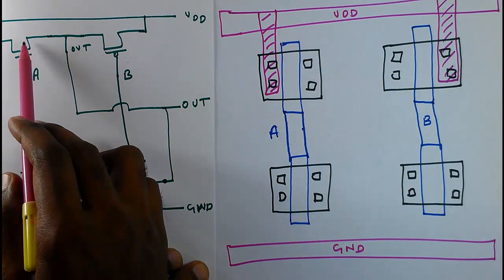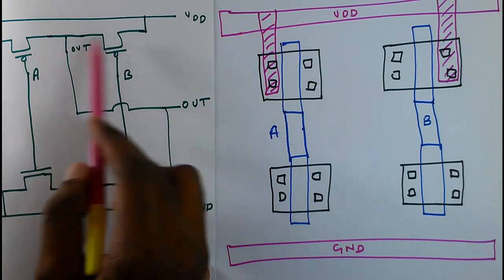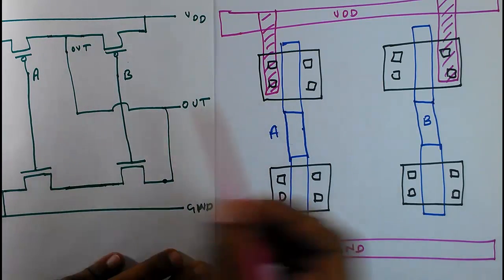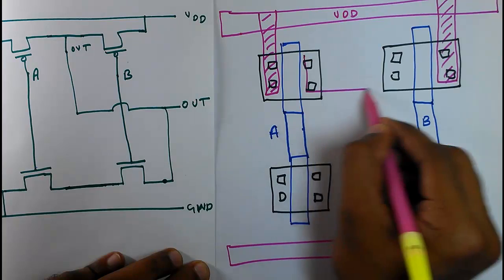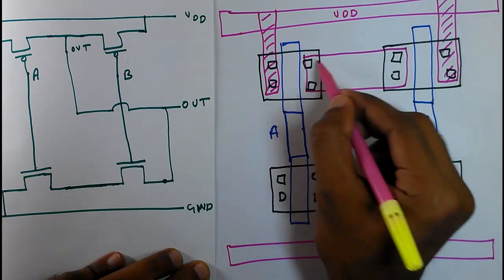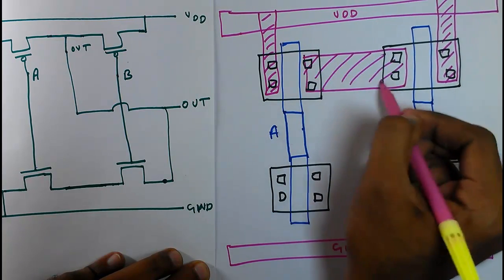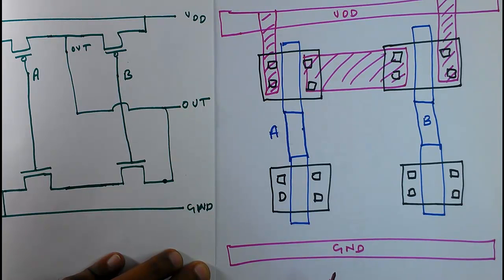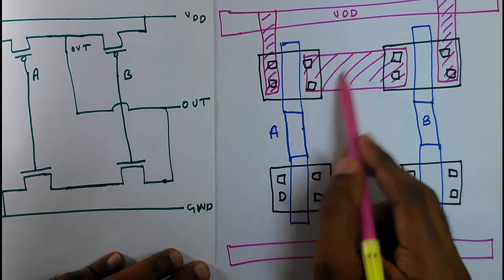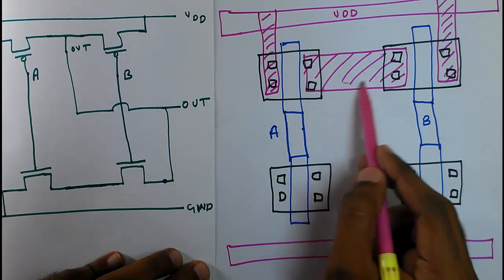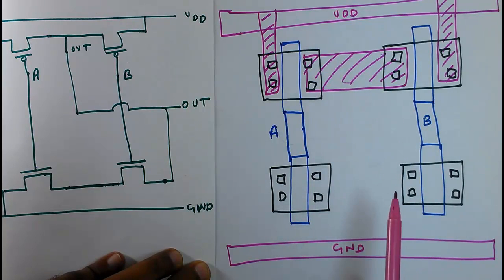Now the sources of these two MOSFETs are connected together. That means this is the source of these two MOSFETs, and they are connected together with metal 1. And this common point, this connected terminal, will be the output terminal.